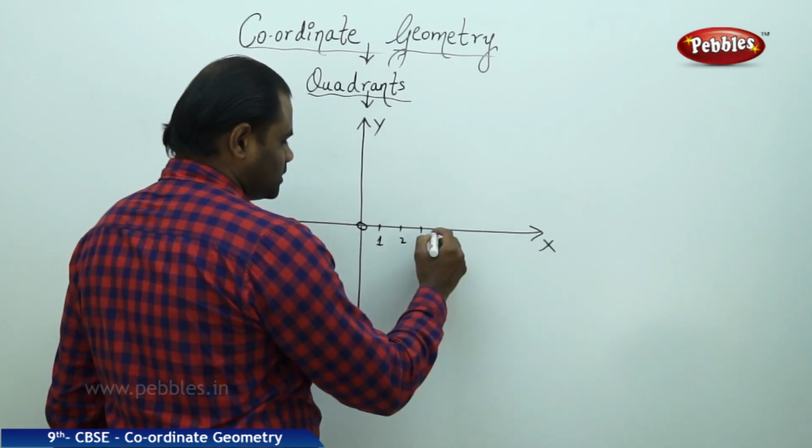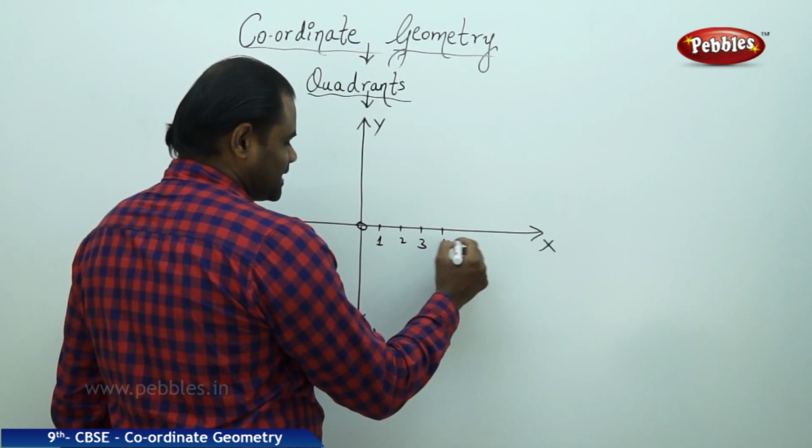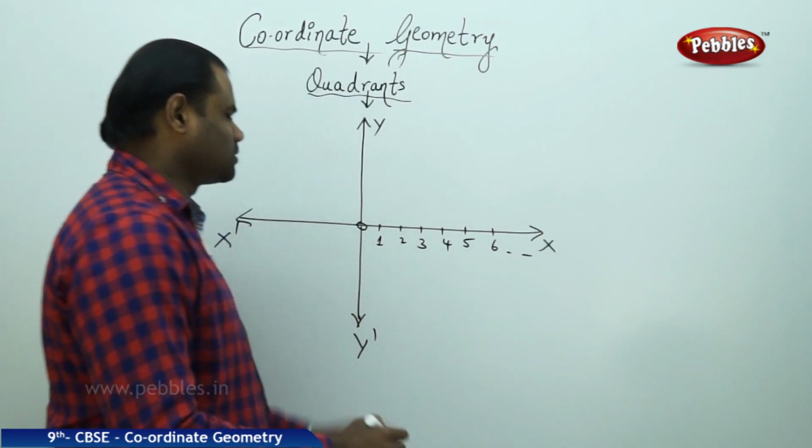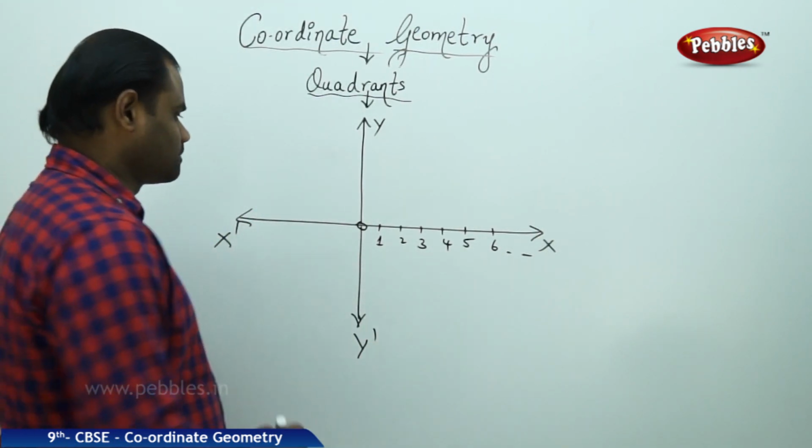So my first positive x-axis has all the values coming out from positive real numbers.